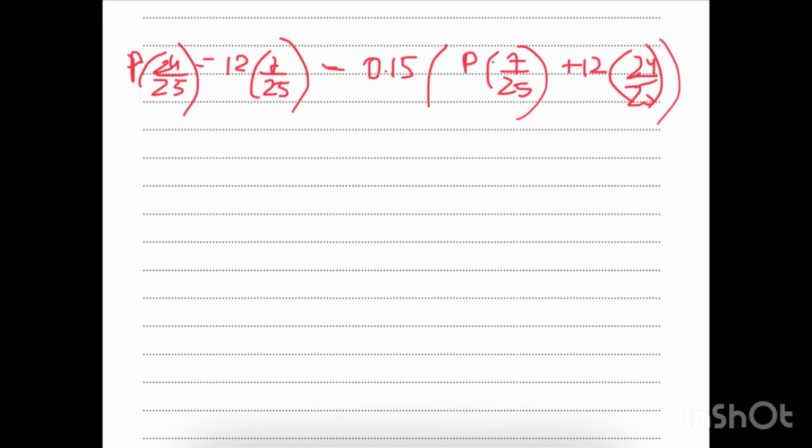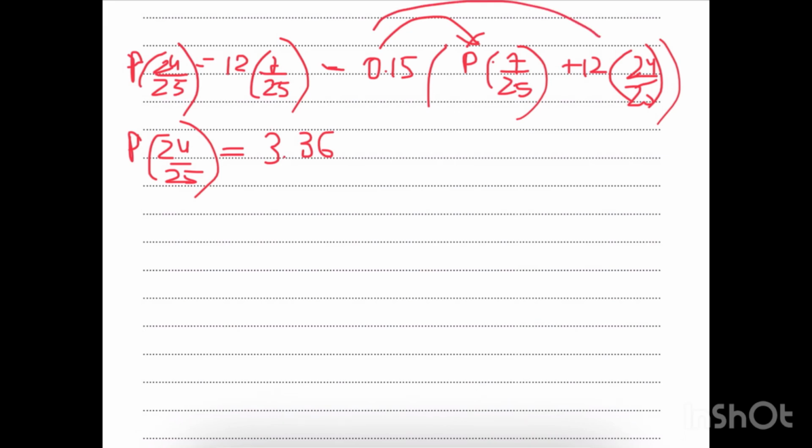So now we can simplify this, and so this means P times 24/25 is equal to 3.36 minus, and when we multiply 0.15 to both of these values, we get minus 0.042P minus 1.728. So we can subtract 1.728 from 3.36.